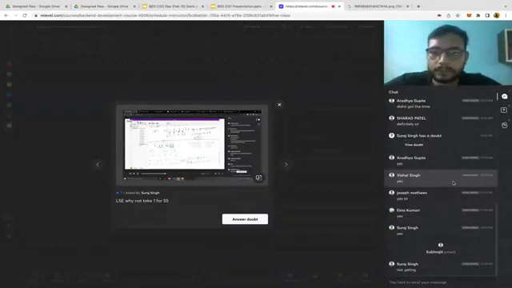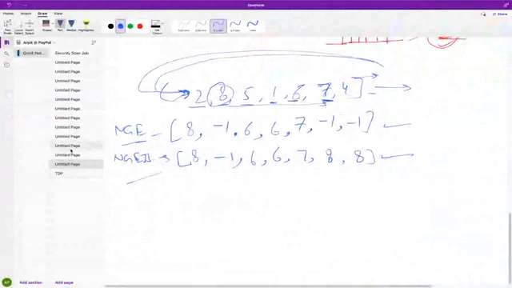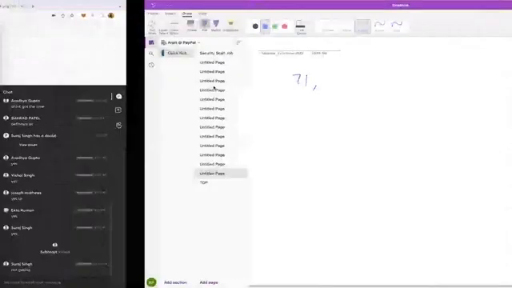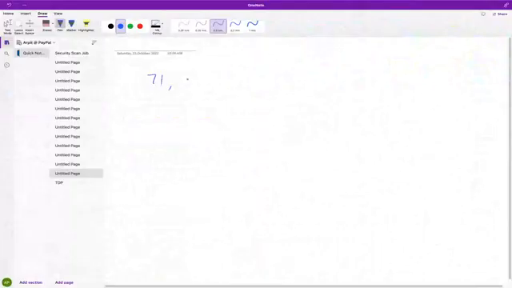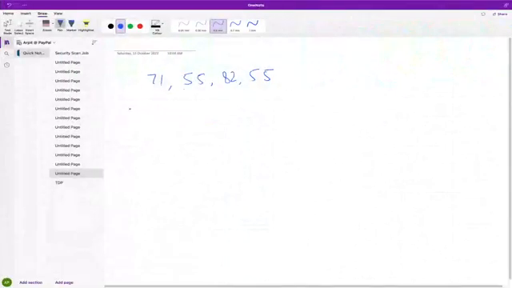Okay, let me show you with an example. 71, 55, 82, 55. Right, guys? Let's create their subsets. So 71, this one. And let's change the color also for 55 because these are the duplicates, right?